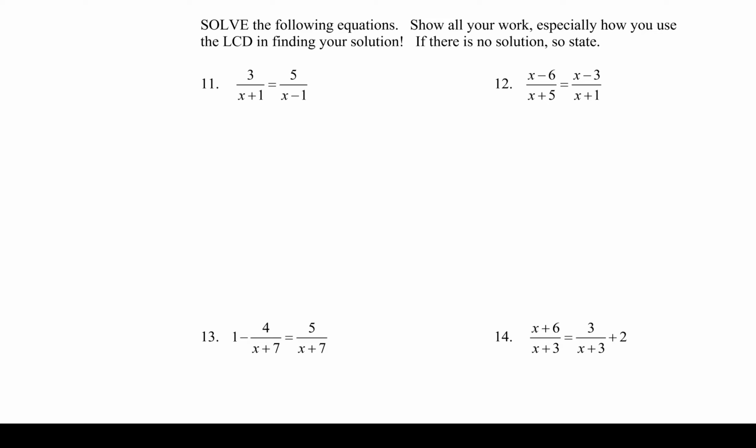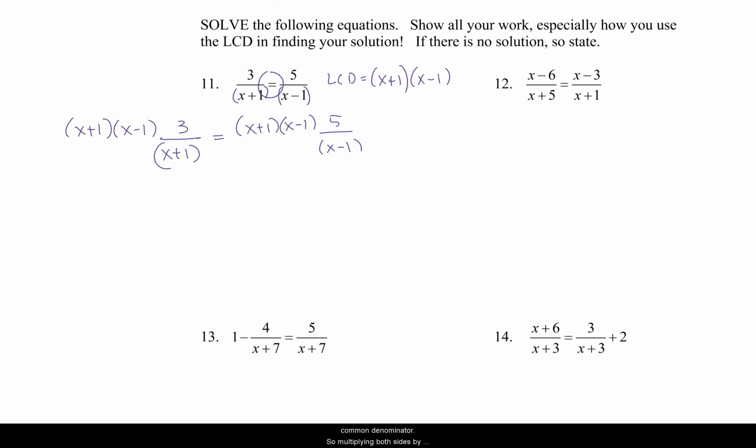So in the first equation, we need a least common denominator. We'll take everything in the first denominator, x plus 1. We look at the second denominator, x minus 1. It is not present in my least common denominator, so I'm going to include it. And now because I have an equation, I can multiply both sides of the equation by that least common denominator.